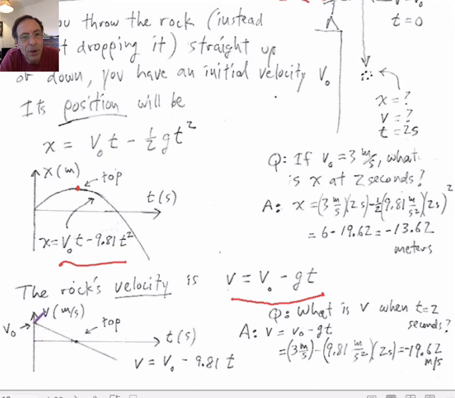So you start off with a positive v0, and as time goes on, the rock is going slower, slower, slower, and then right here it's actually stopped, and then it's beginning to go faster, faster, faster in the downward direction. And here's our formula, v0 minus 9.81t.